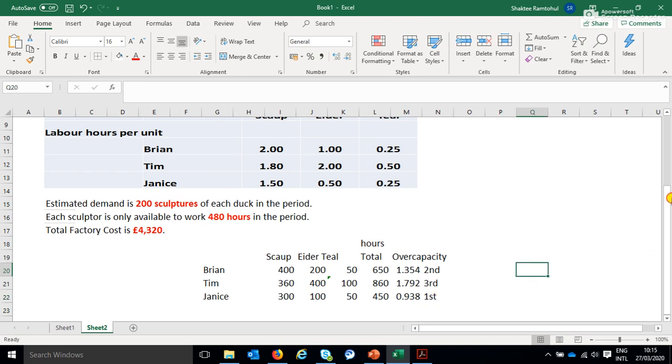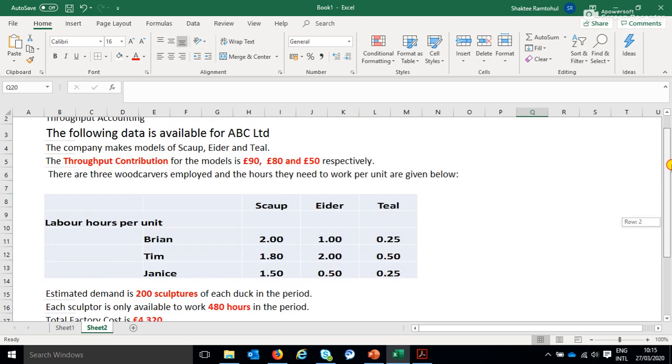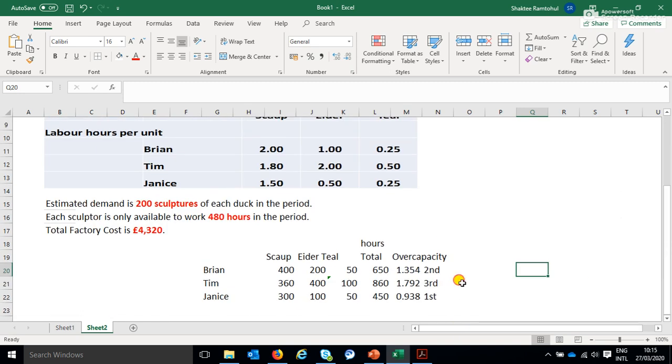Let's stop the lecture here. At the start of the lecture I talked about bottlenecks. In our case, clearly Tim appears to be the bottleneck. I will stop the lecture here and I'll see you in the next video.